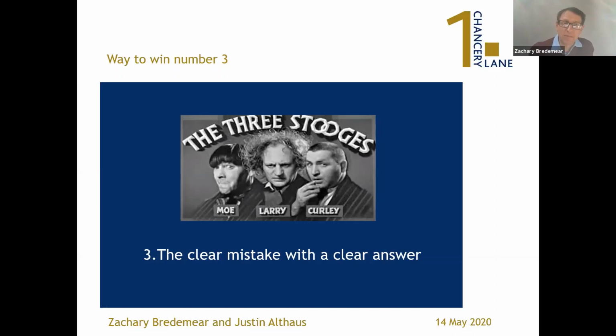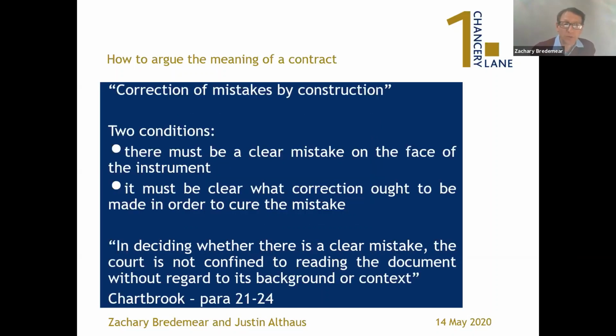Well, it seems to me that by reference to what Lord Hoffmann is saying in Chartbrook, you can have regard to the background and context of the document. And if you are dealing with a contract which has its locus in England and Wales, perhaps a contract to be performed in England and Wales, or one of the parties is based in England and Wales, or the intention is that litigation will be in London, one might readily infer that the legal system of the United Kingdom means the legal system of England and Wales.